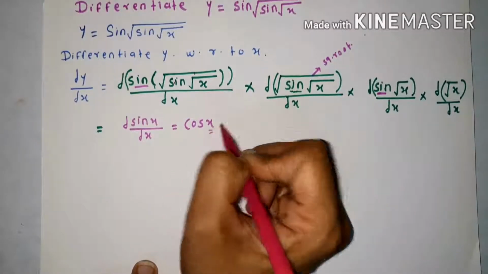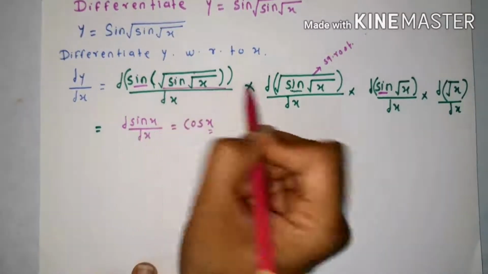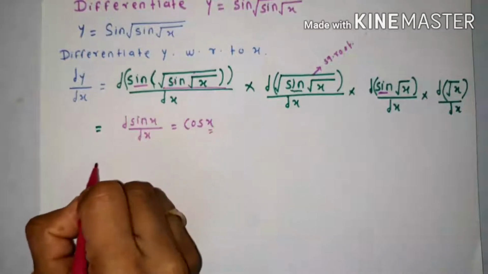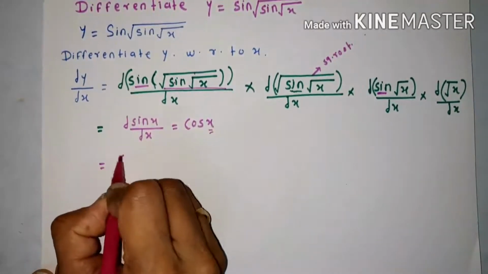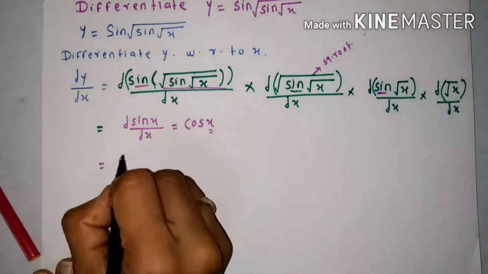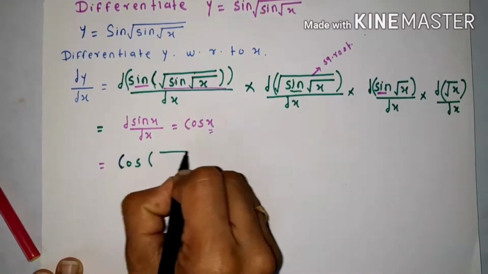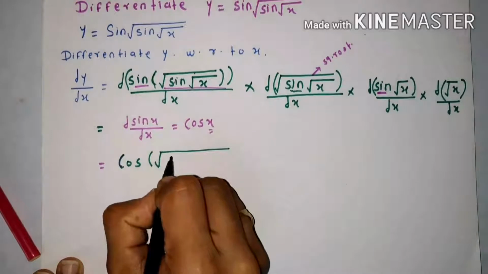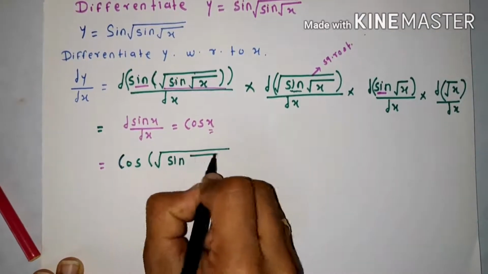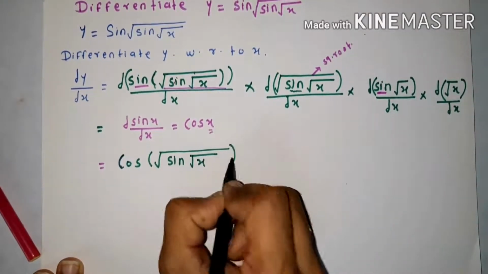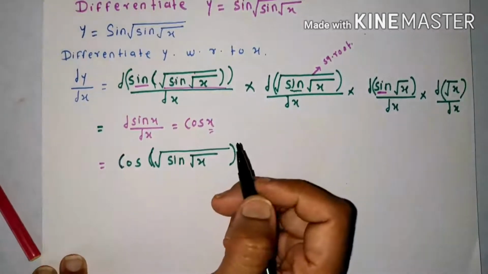Instead of x the total function is there, and therefore differentiation of sine is cos of square root of sine of square root of x. This is a function.